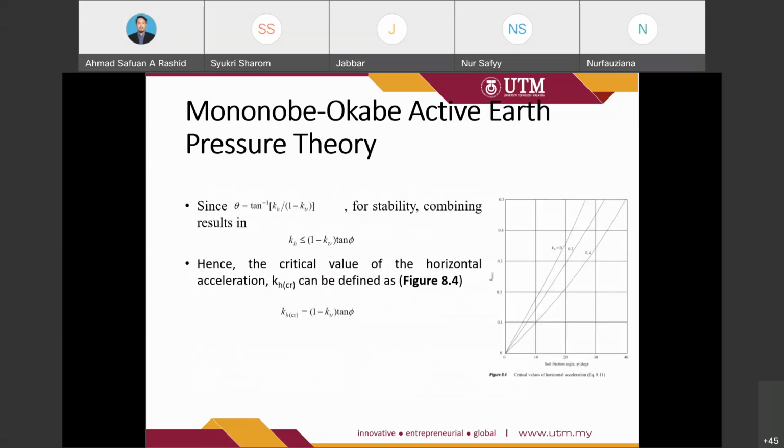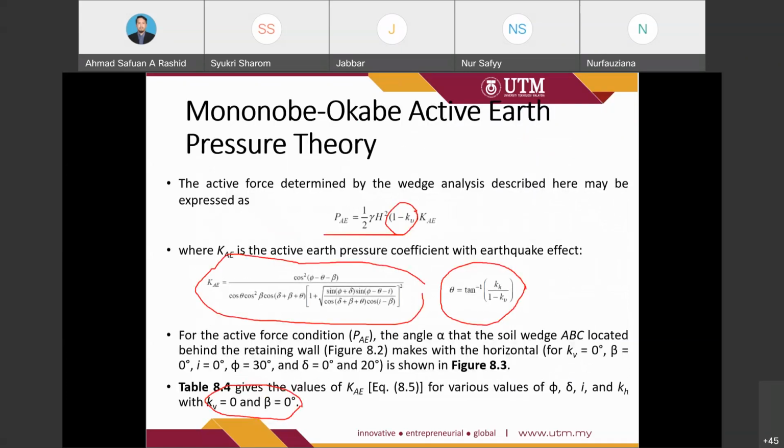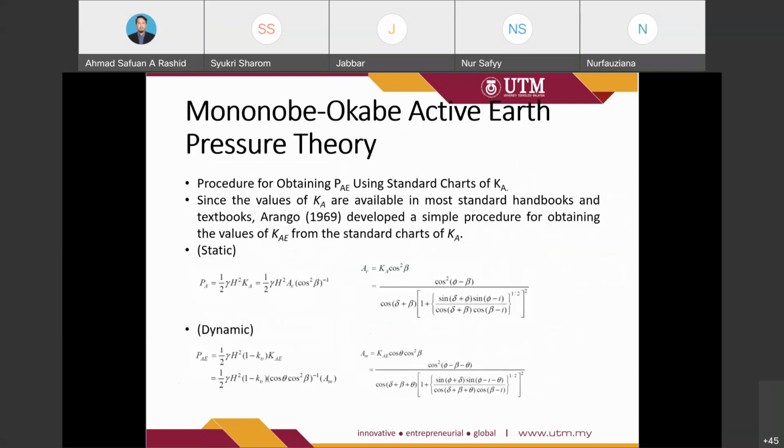The previous one that we learned is by using the equation to get the PAE. Then there is another method that has been provided by Arango. This approach uses a chart to get the PAE value.